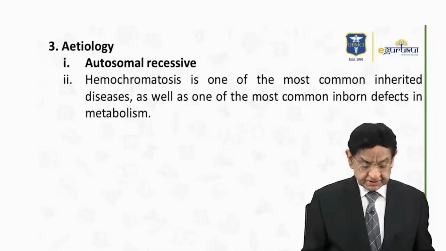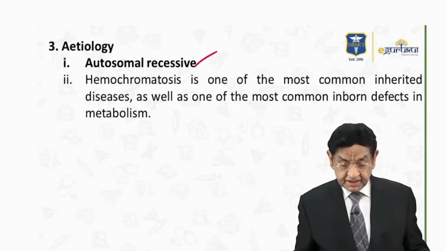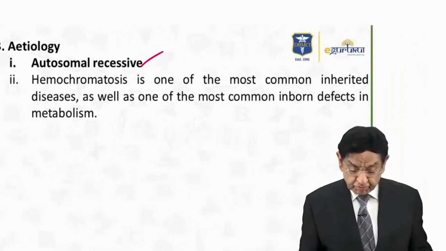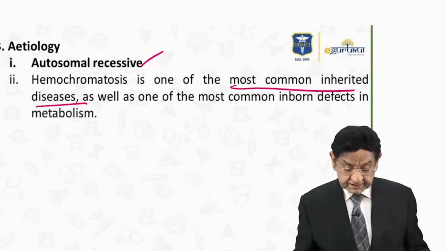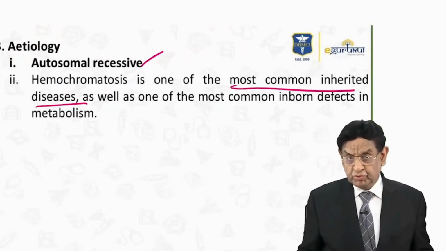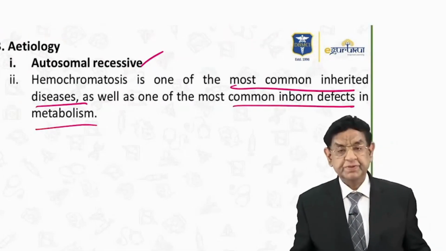Etiology: it is recessive. In fact, hemochromatosis is one of the most common inherited diseases, and also one of the most common inborn errors of metabolism.